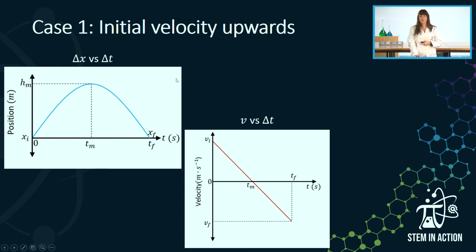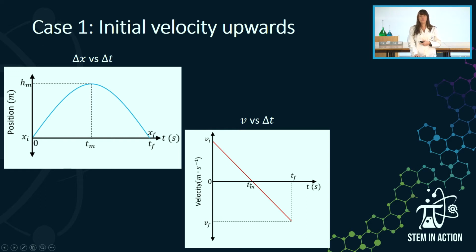We can then have a look at the velocity versus time graph. Since we started with an upwards velocity, taking upwards as positive, we start with a positive velocity, but as it's moving up it is decelerating due to gravitational deceleration, and so we get a slowing down till it gets to its maximum height.